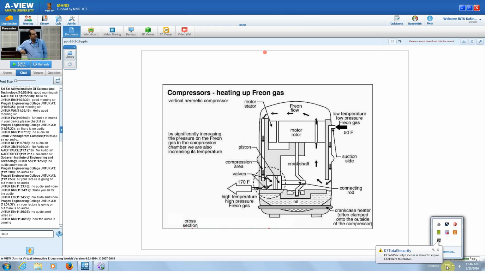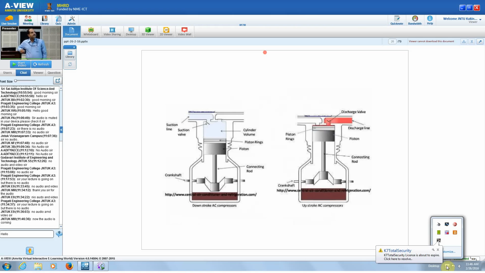Next. Okay. So this is the connecting rod with the piston. If it is a rotary motion, then the piston gives the up and down motion. Right? This is the suction line. Through this the gas enters, and this is the delivery outside.